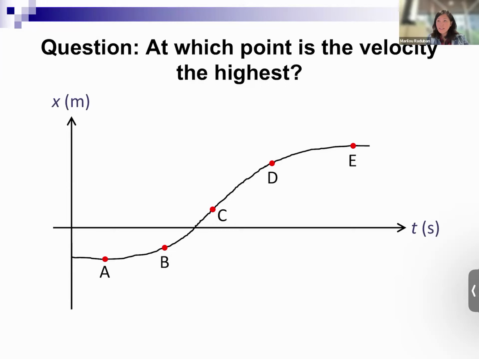Going back to this example, at which point is the velocity the highest? And we're talking about instantaneous velocity, because we're looking at different points in time during the motion of the object.